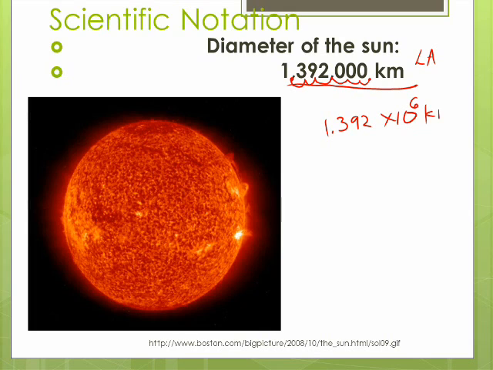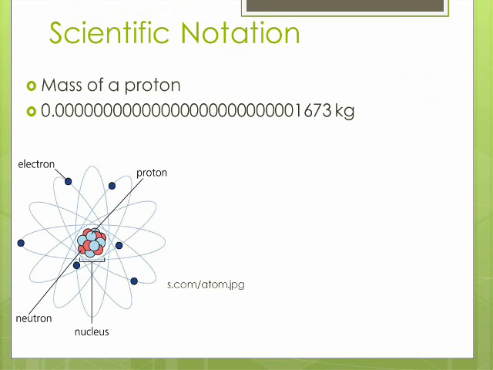Okay, so that's kilometers. The mass of a proton is this incredibly small number, but it's a lot of digits, and you don't really want to say that, especially when you're dealing with calculations. You're not going to just put this in a calculator. You're not going to just write all this number down. It's much easier with scientific notation.